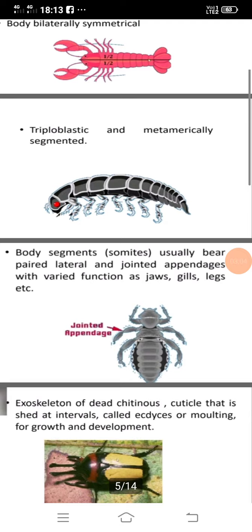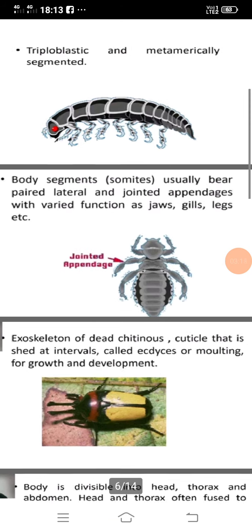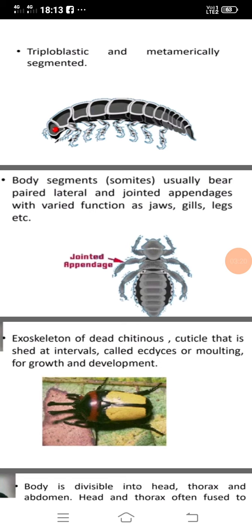Then next is body segments or somites usually bear paired lateral and jointed appendages. You can see in this diagram that the jointed appendages are there. The appendages have the joints, they are present on the lateral side and they are coming from the segments.